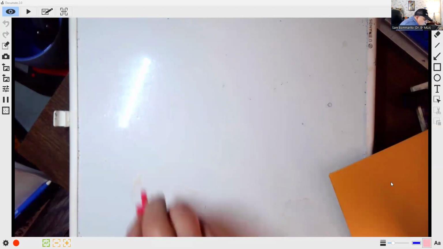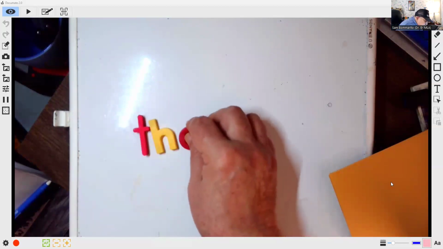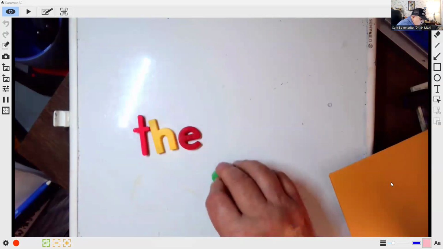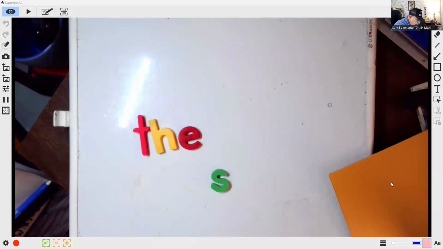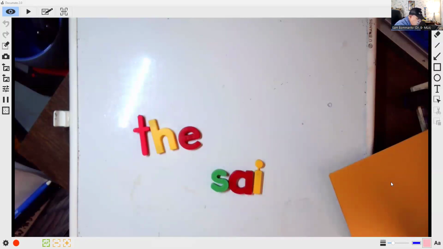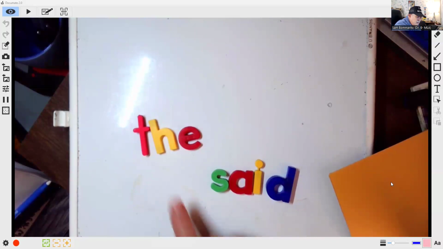Okay, here are 2 more things to learn how to spell. There are a couple of words that just don't follow the rules that well. And so these words we learn by heart. And that's an important thing to know. The two words that I want you to know by heart are, do you know this one? The. Do you know this one? Said.